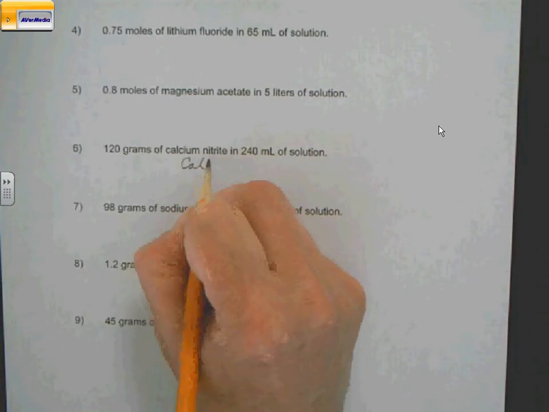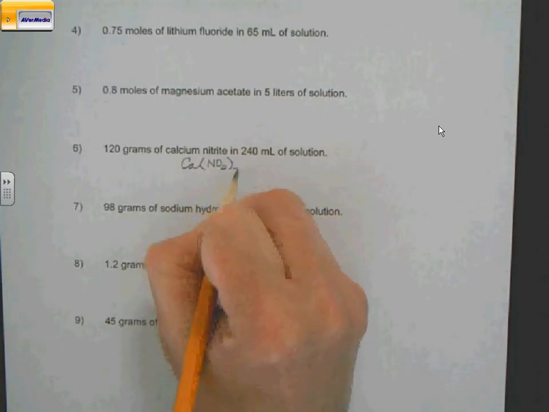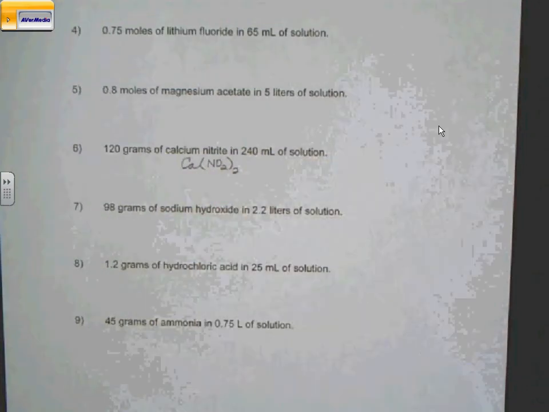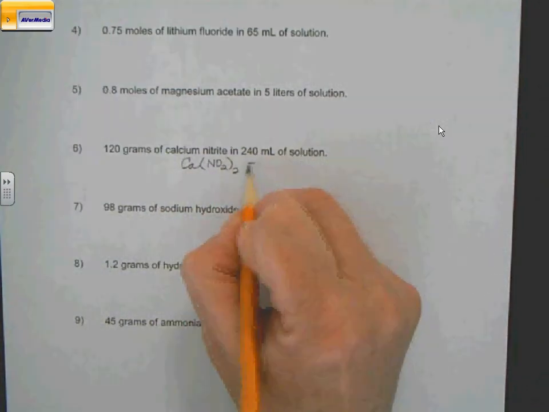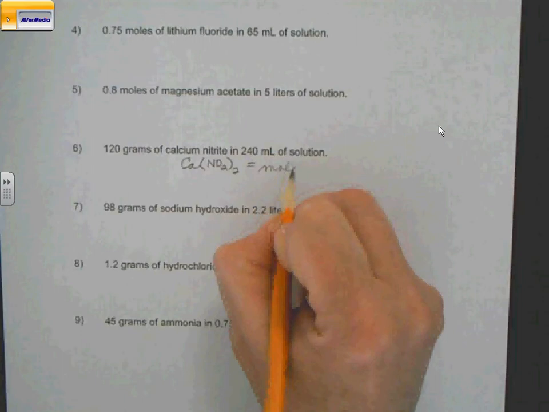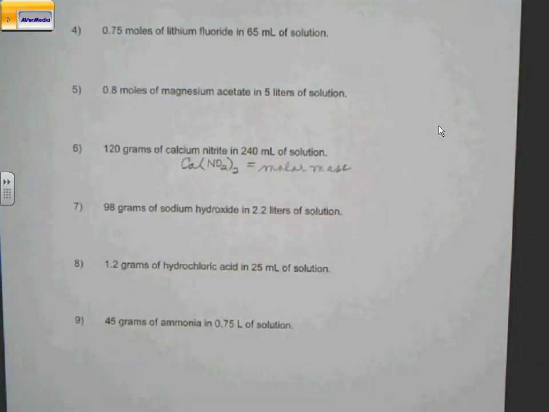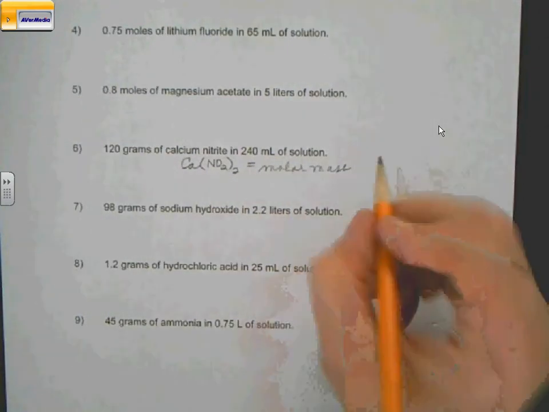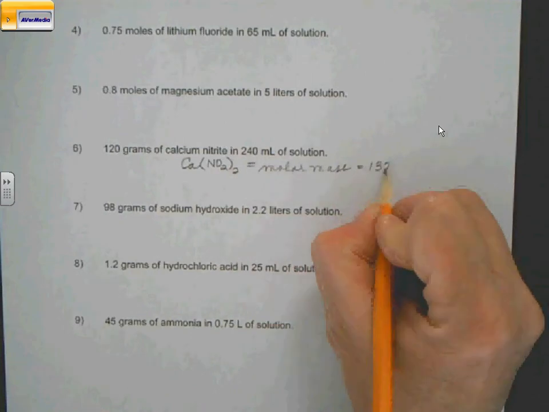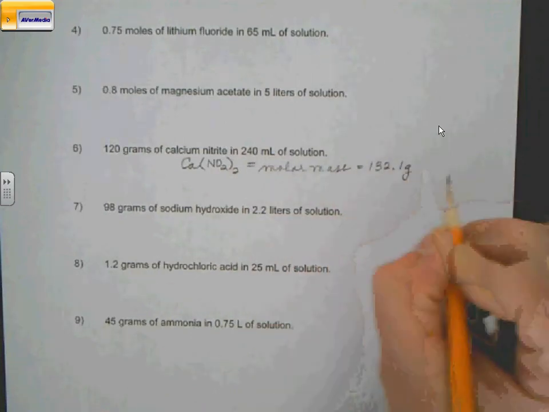Excellent. So now you need to figure out the molar mass. Just as a way of not wasting time, I'll tell you the molar mass is 132.1 grams. So now you can convert that 120 to how many moles you have.